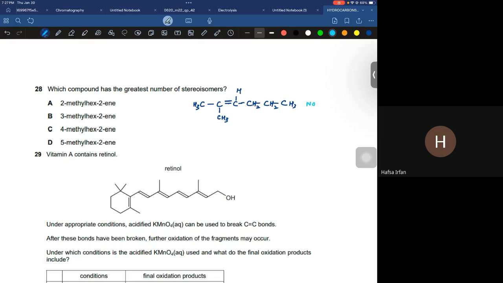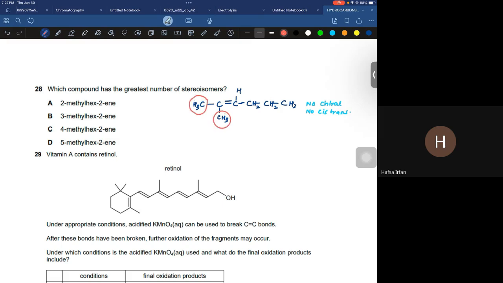So what do you think? It would give you cis-trans, yes or no? No, no chiral center, no cis-trans. The reason is that on the same carbon, the same groups are attached.